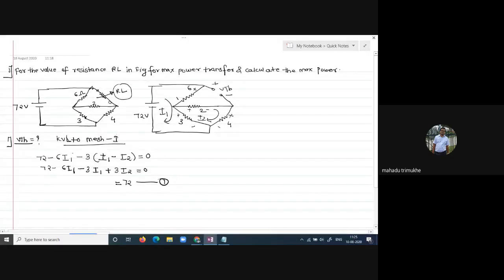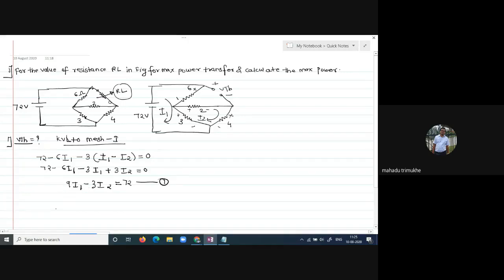Means here plus 6 I1 plus 3 I1, you will get 9 I1. That minus sign will become negative, meaning 3 I2. This is your equation number 1 if you apply KVL at mesh 1.